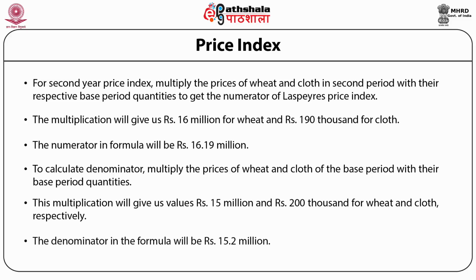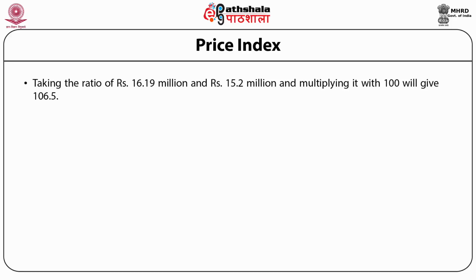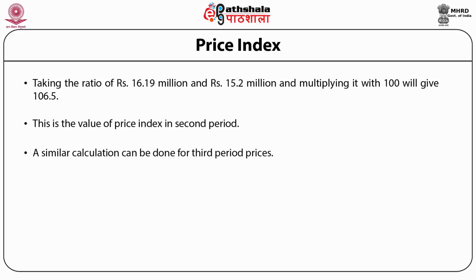The denominator in the formula will be 15.2 million. Taking the ratio of 16.19 million and 15.2 million and multiplying it with 100 will give 106.5, which is the value of price index in second period. A similar calculation can be done if we have third year prices. However, the denominator, rupees 15.2 million, will remain the same for all years.